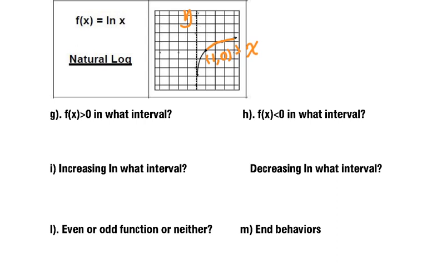That means from 1 going to positive infinity, f(x) is greater than 0. And for what interval is f(x) less than 0, I'm looking for the graph below the x-axis. So this part, and it will be from 0 going to 1. Then the graph will be below the x-axis.